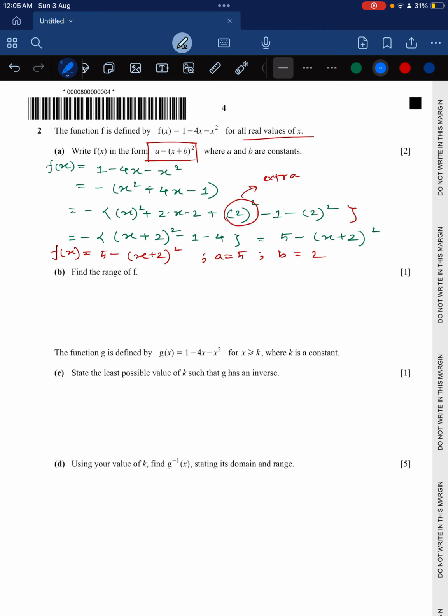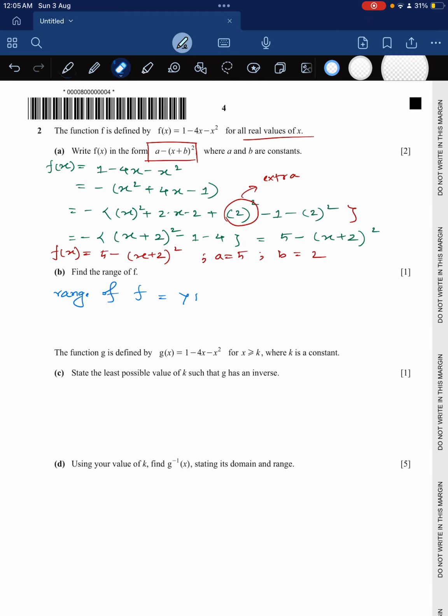So you can write that range as f equals y such that y is less than 5.